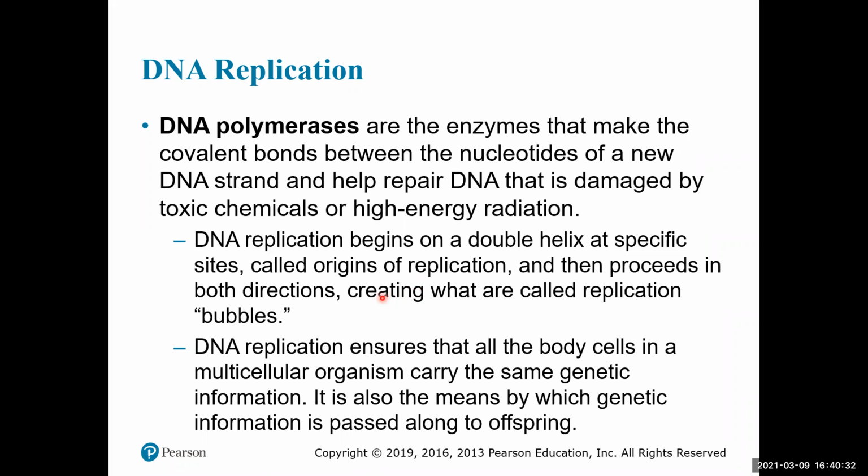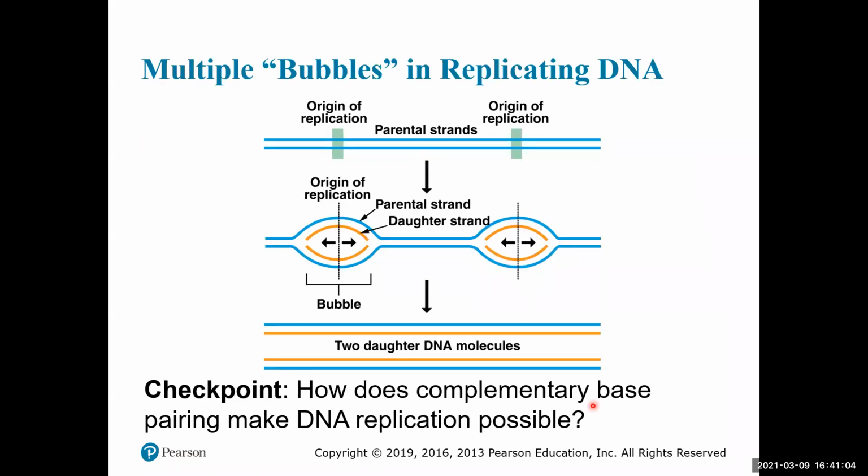And it creates what's called replication bubbles. Okay, and you'll see exactly what we mean by that in the next figure. What this DNA replication process does is ensure that all of the somatic cells in an organism are genetically identical. And so that genetic information is passed from parent cells to daughter cells, and you also get this information being passed to the appropriate offspring.